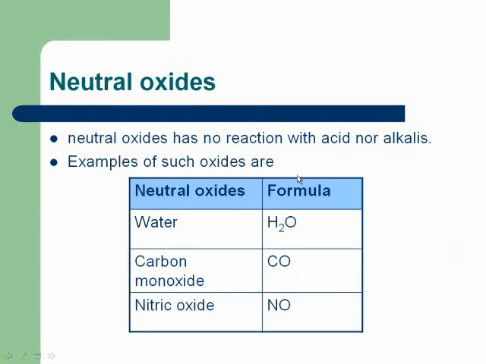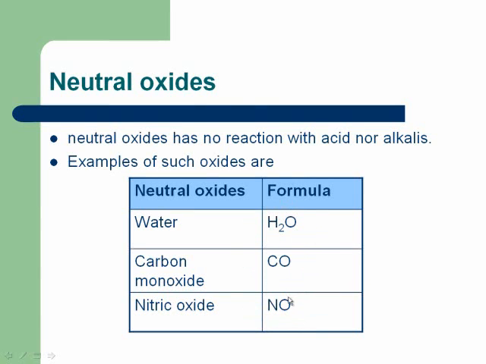Neutral oxides. Neutral oxide has no reaction with acid nor alkalines. Examples of such oxides are water, carbon monoxide, nitric oxide. Look at the formula. Do you see any common thing about these formulas?